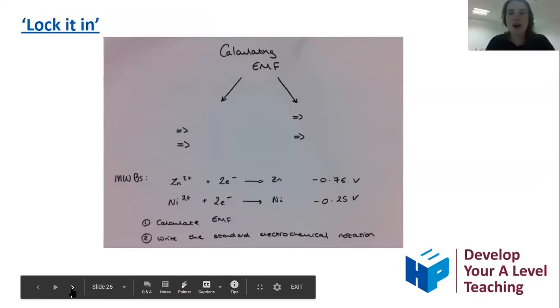What I would do after I've presented them the new diagram is give them a chance to recall that information really quickly. We call this lock it in at Reach. So I would get them all to cover the diagram up and then immediately recall all of that information. You should be able to see that the top part is exactly the same as the diagram that I would have drawn under the visualizer before. So they can recall the key parts of the information.